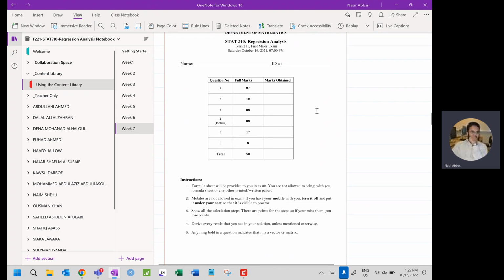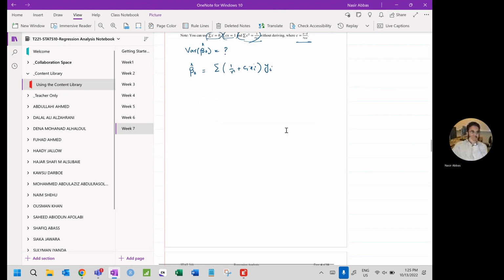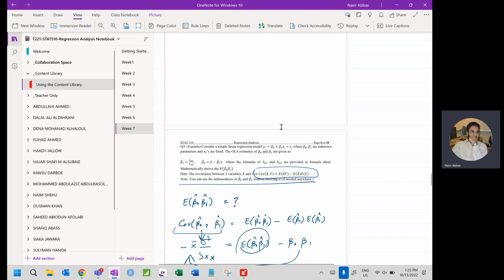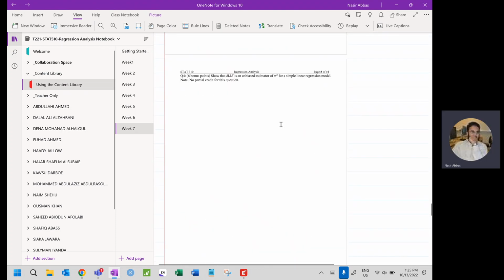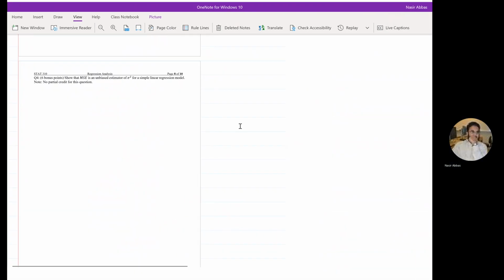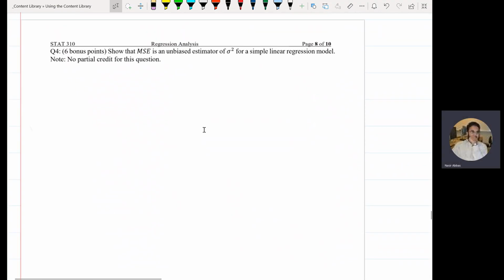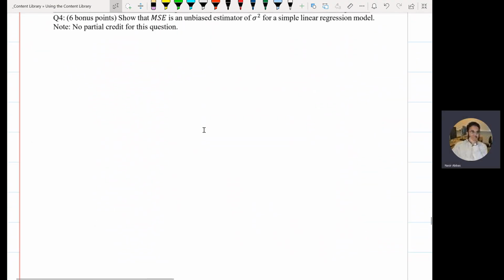Look at the bonus question, by the way. The bonus question is the assignment: you need to prove that MSE is unbiased for sigma square. I haven't proved it in the class, I know.